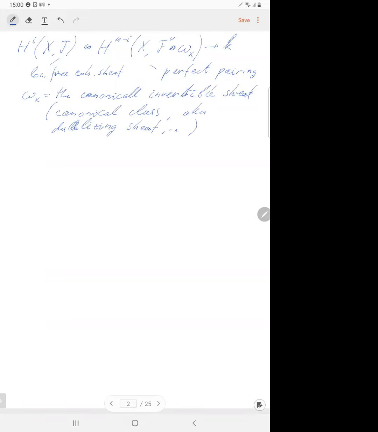But the definition is that this omega X is the determinant of the sheaf of differentials, so it's the top, namely nth exterior power of the sheaf of differentials. So this was the statement of the Serre duality theorem for an arbitrary smooth projective variety.